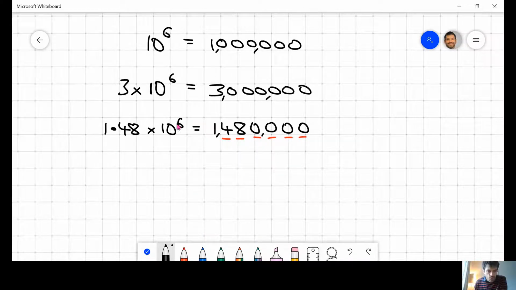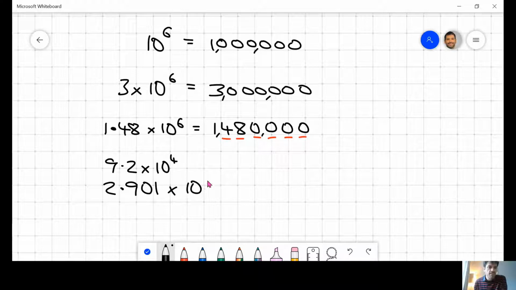So just do a couple more on the positive side. 9.2 times 10 to the 4 and 2.901 times 10 to the 7. Can you ever get those? So this one's going to be 9, 2, and then we've got 4 zeros, but one place value, one digit is already there.